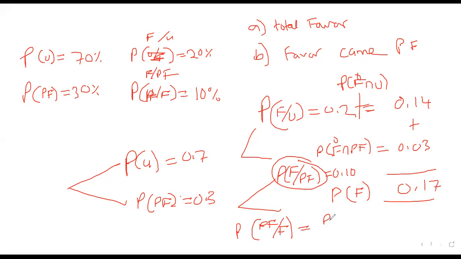So here it will be PF intersection favor over probability of what? Favor. So PF intersection favor is 0.03. The total of those that were in favor was 0.17. What is the final answer?